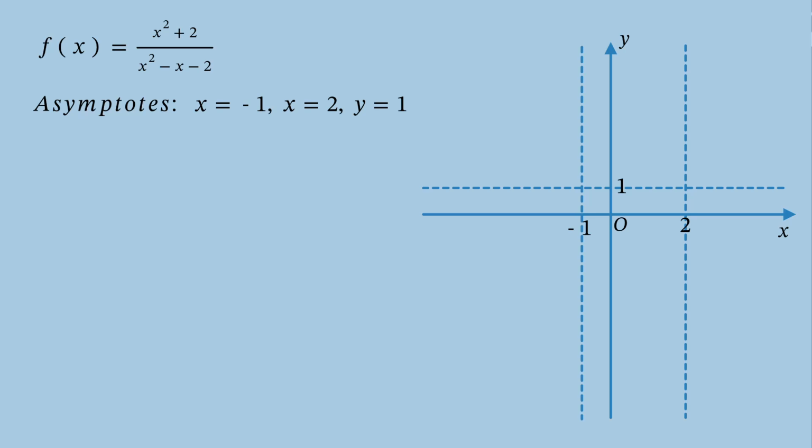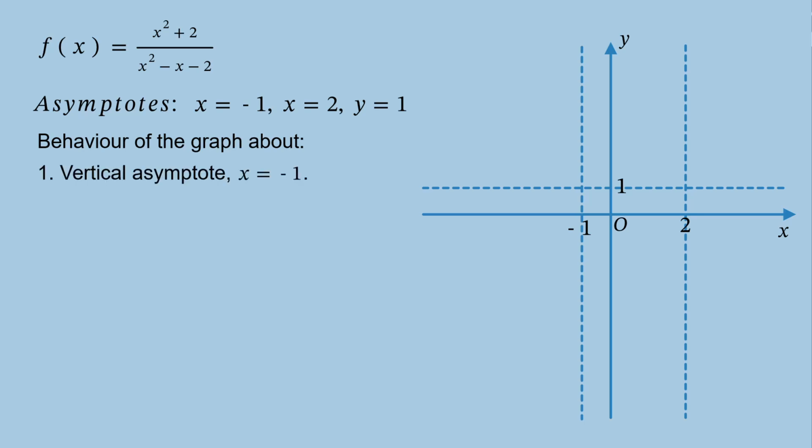So next, we will look at the behavior of the graph about the asymptotes. Right, so about the vertical asymptotes, starting with the asymptote x is equal to minus 1, I'll take a value that is slightly less than minus 1, which is minus 1.01, and a value that is slightly greater than minus 1, which is minus 0.999.